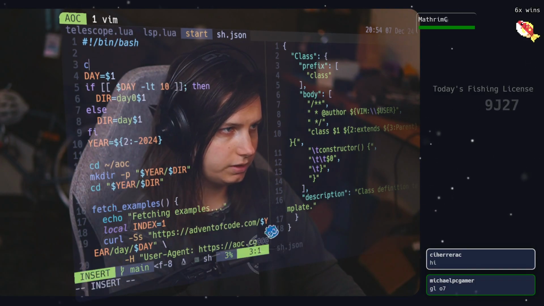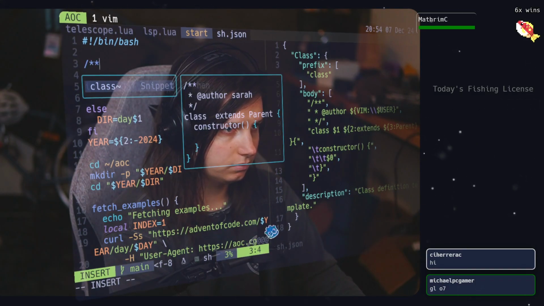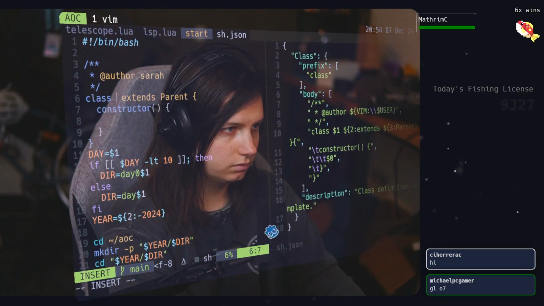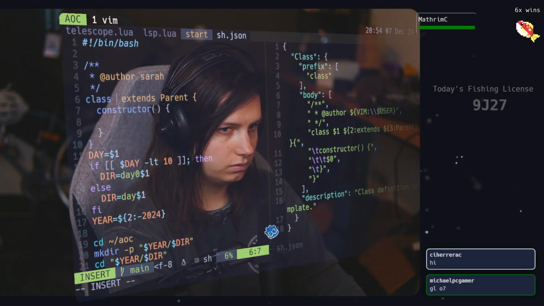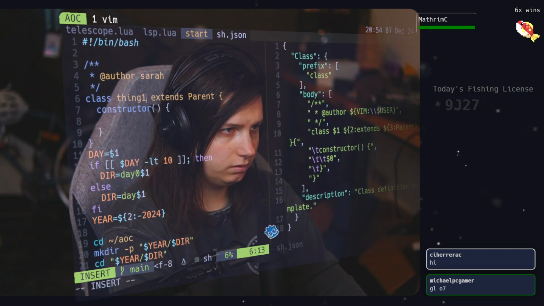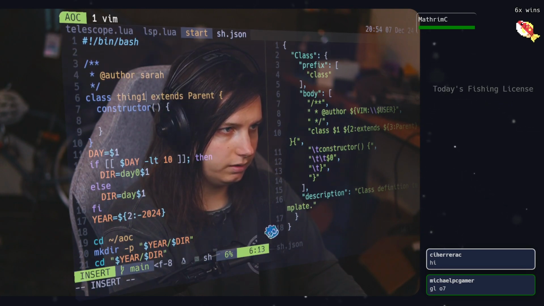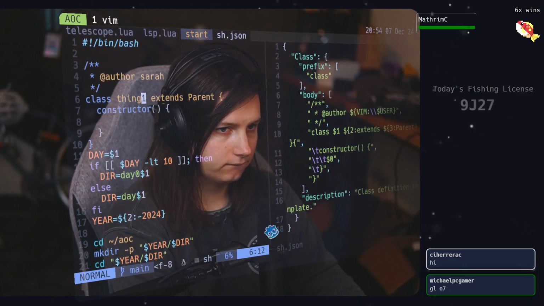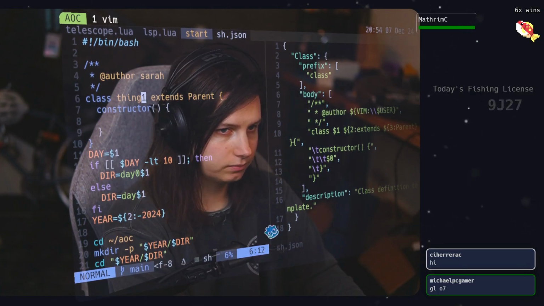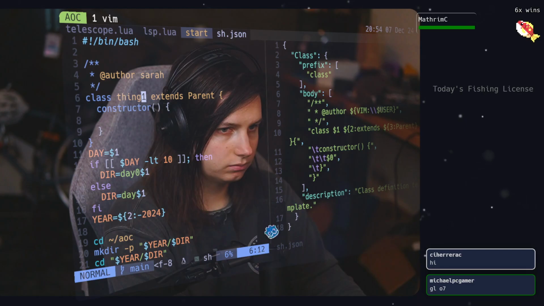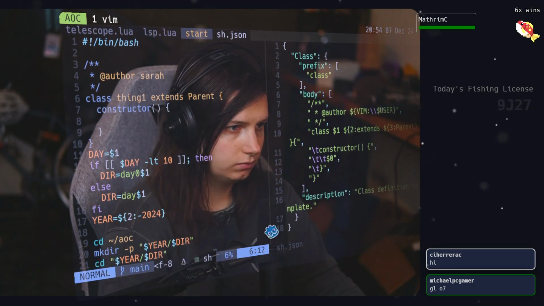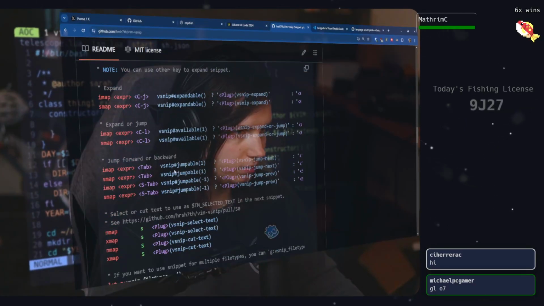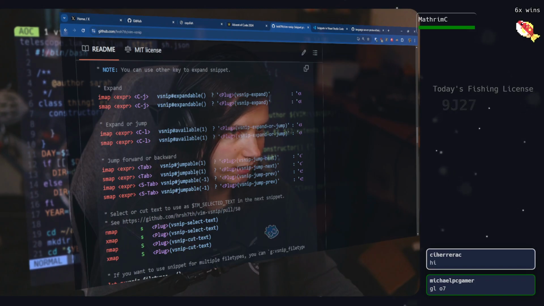I still don't really understand, like, so thing one, and then how do you get to the next thing? How do you use this plugin? Oh, you have to bind tab. I see.